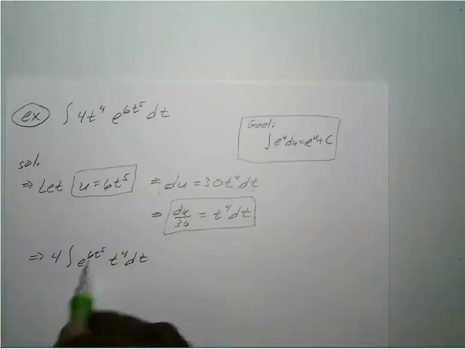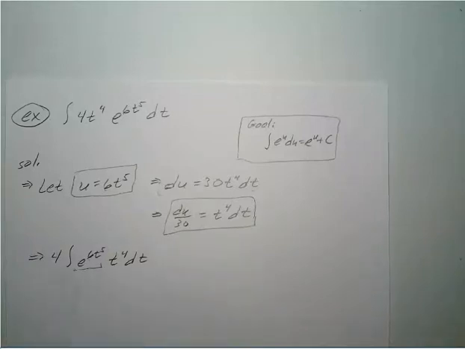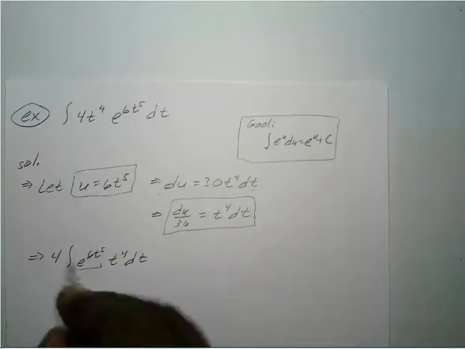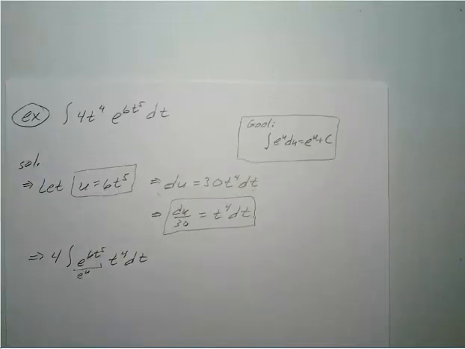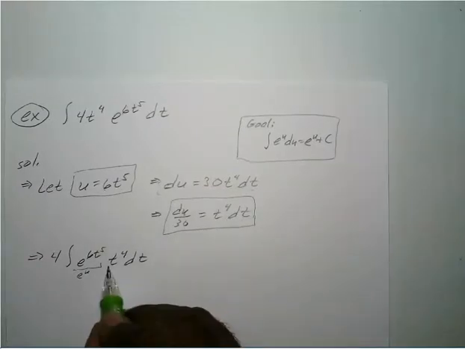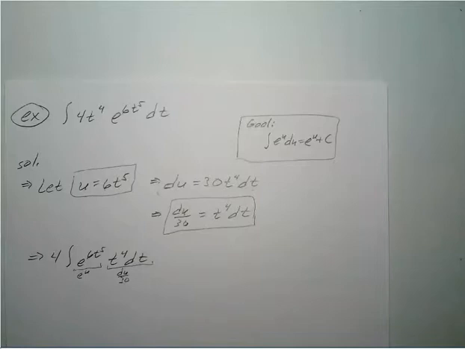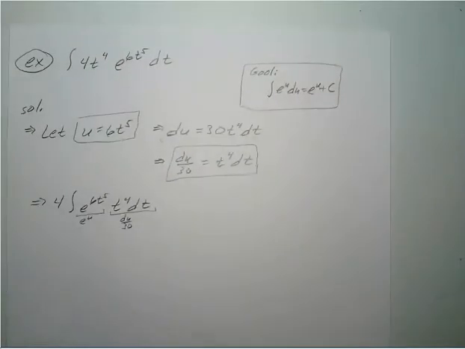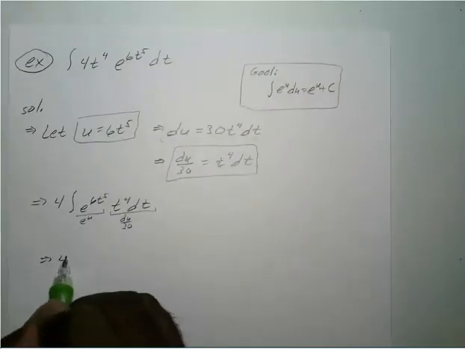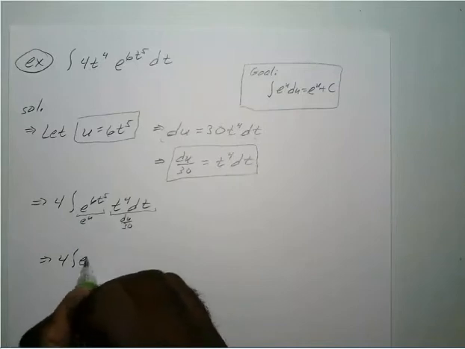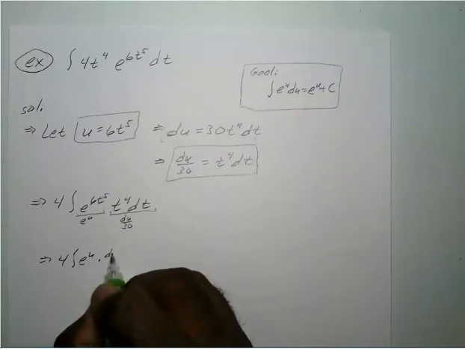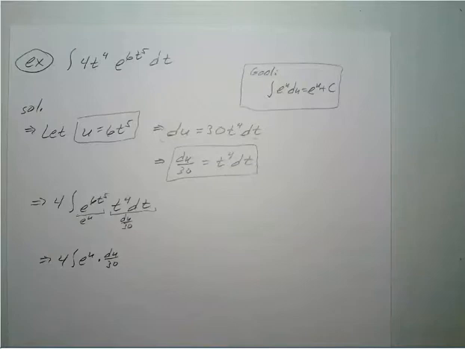Okay, so again, this part, our 6t to the 5th is u, so this is just e to the u. And our t to the 4th with respect to t, that's our du over 30. So we're going to rewrite this in terms of u. You have 4 times the integral of e to the u times du over 30.